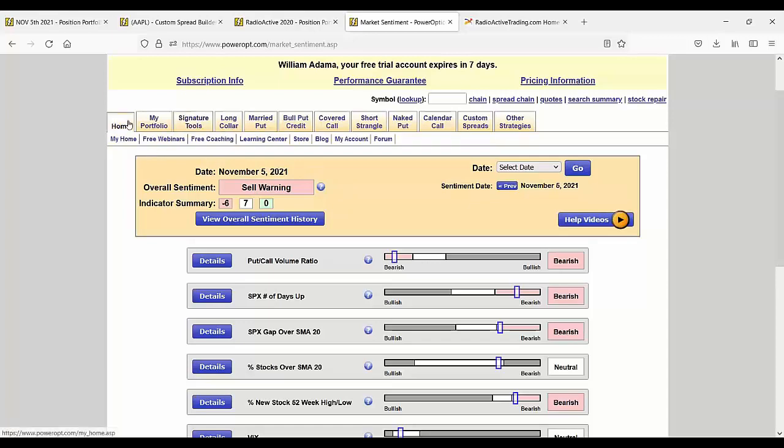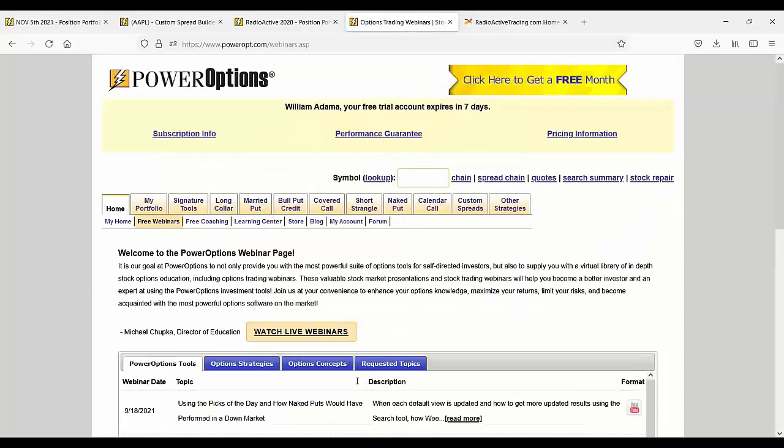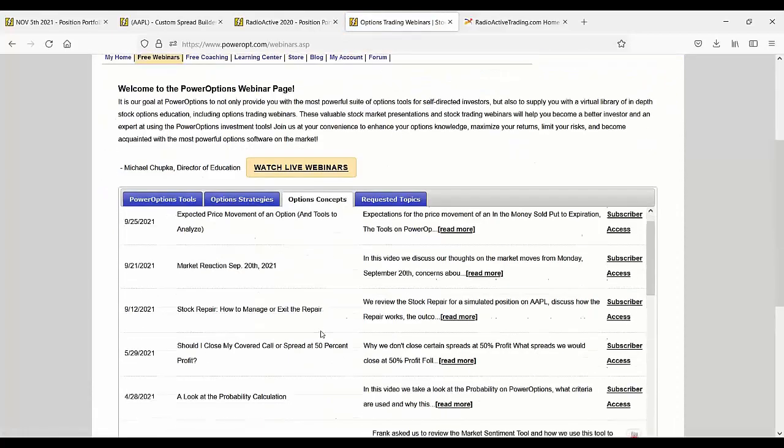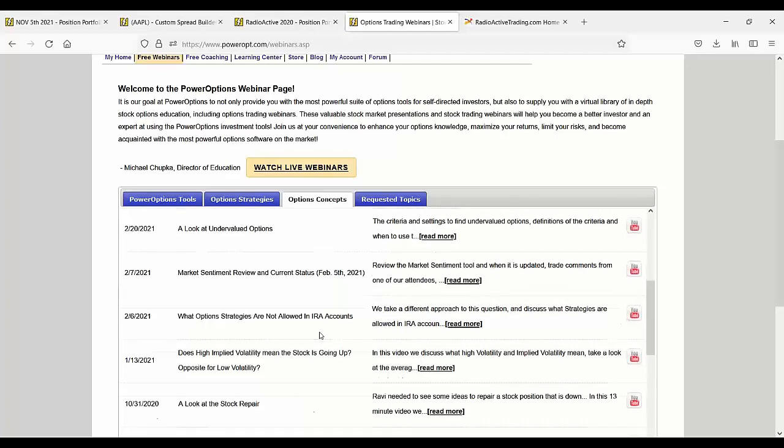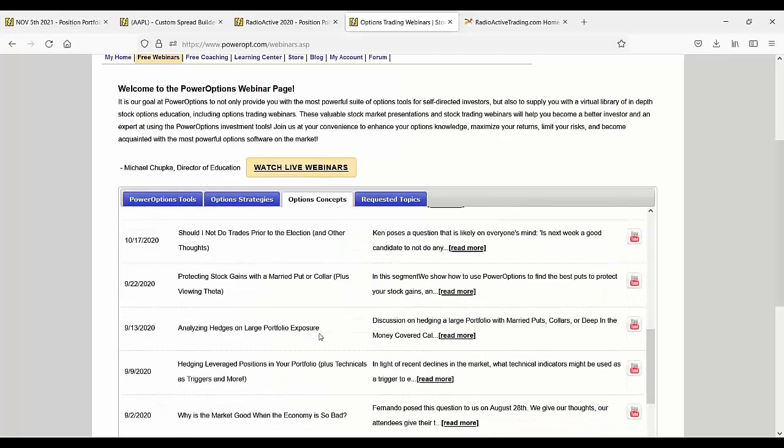Or go back into the webinars menu, under the options concepts, and consider also looking for a market hedge. Maybe consider buying puts on SPY. Here's one, analyzing hedges on large portfolio exposure.